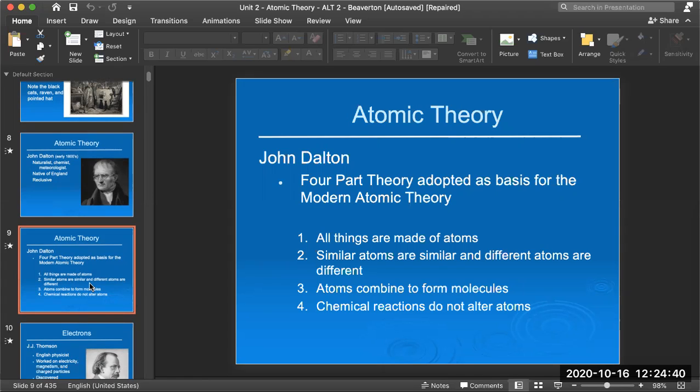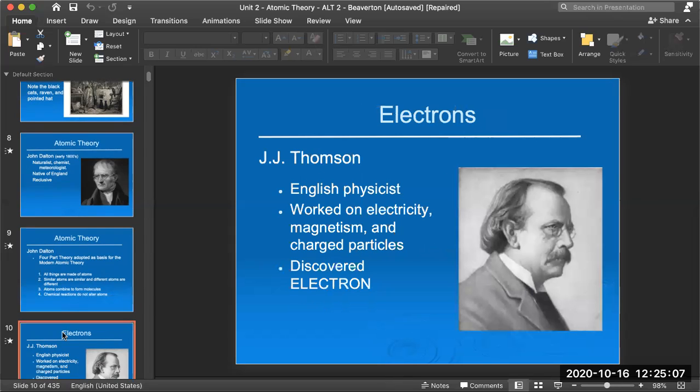We had engineers who were using some simple substances to create marvelous structures in the late 1800s and early 1900s. One of the true modern geniuses, Einstein, is born during that time. And we still don't know anything about an atom. All we know is what Dalton has said, that there's these things called atoms, and we don't know anything.